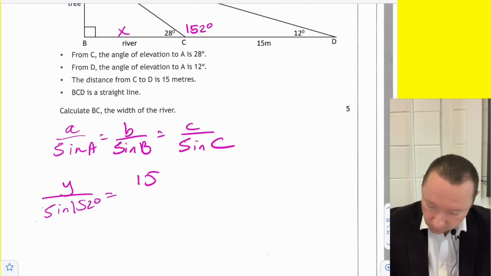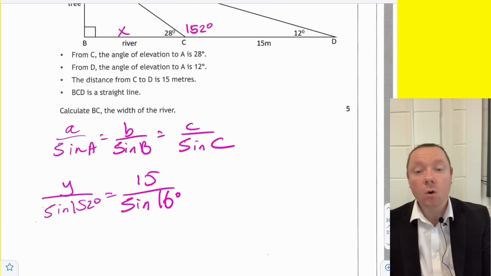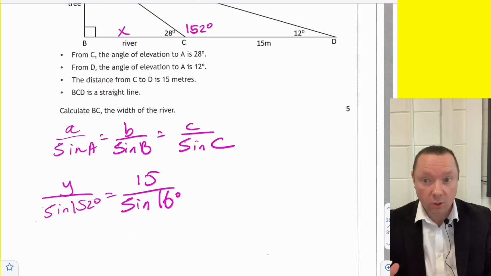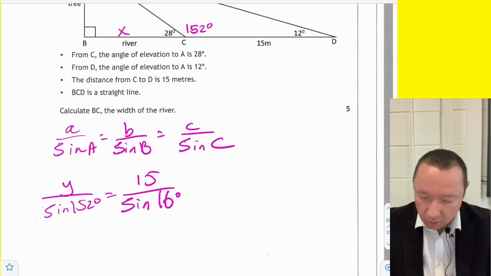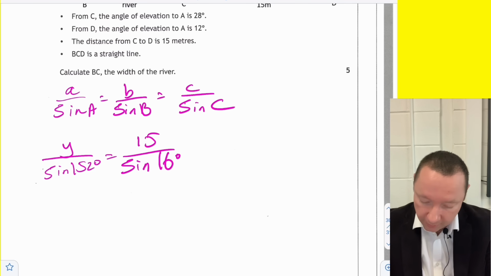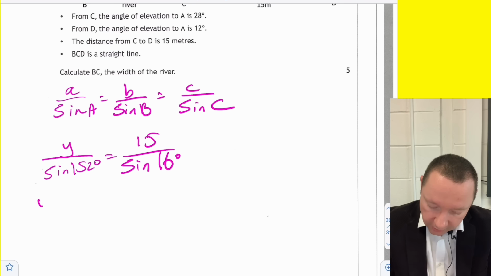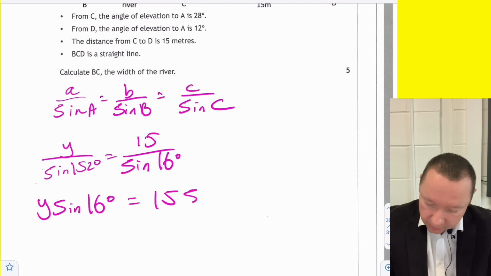Don't worry, this question is meant to be tough. It is the last question in the exam, so it's hard to see what it's asking. You really, really need to think. So let's just rearrange that and solve it for y. So we've got y sine 16 equals 15 sine 152 degrees.